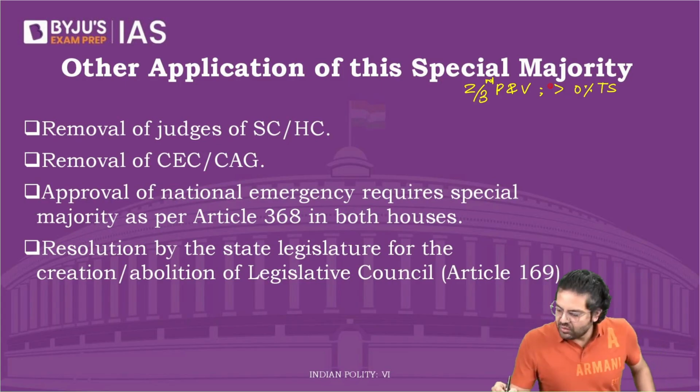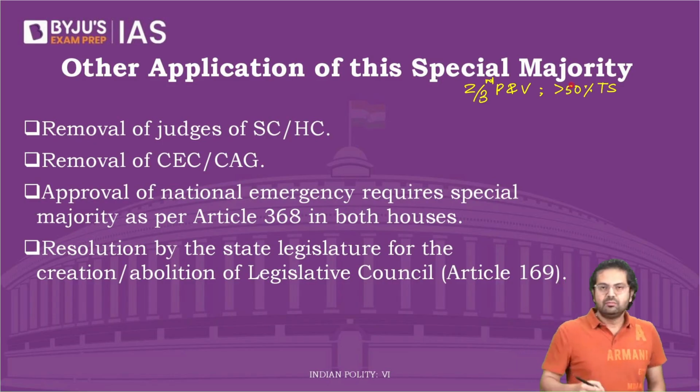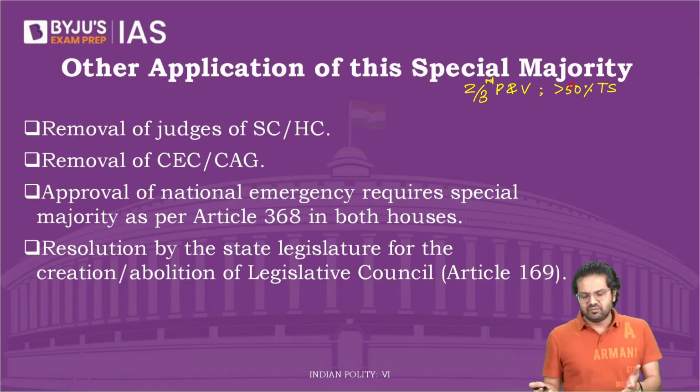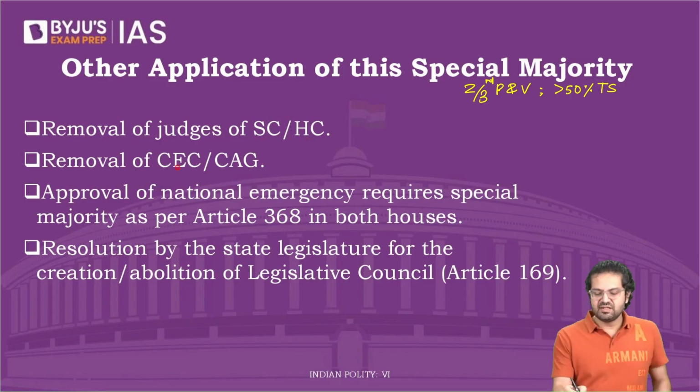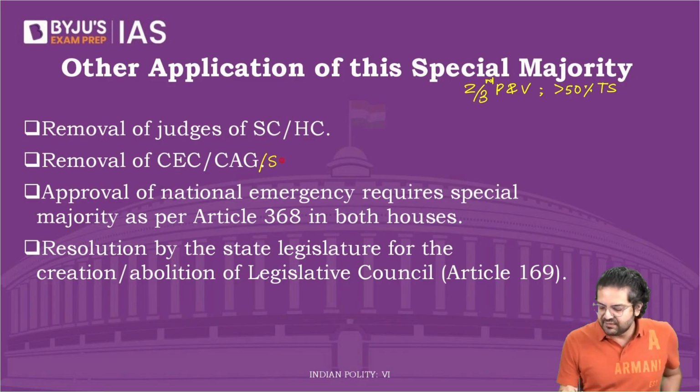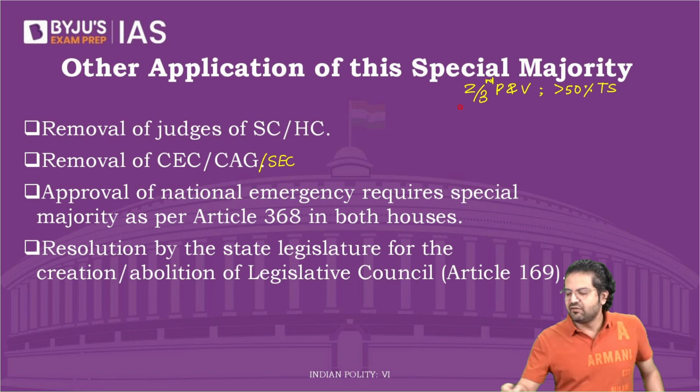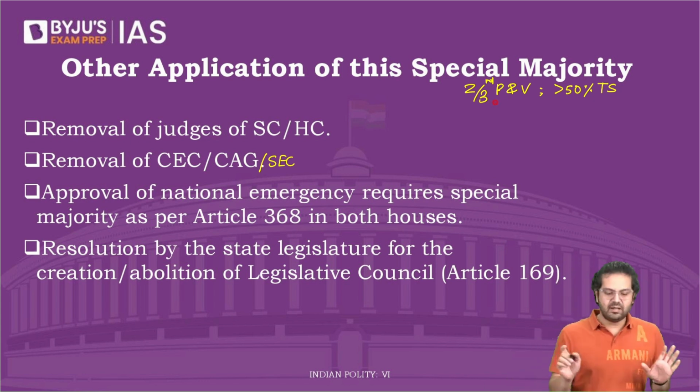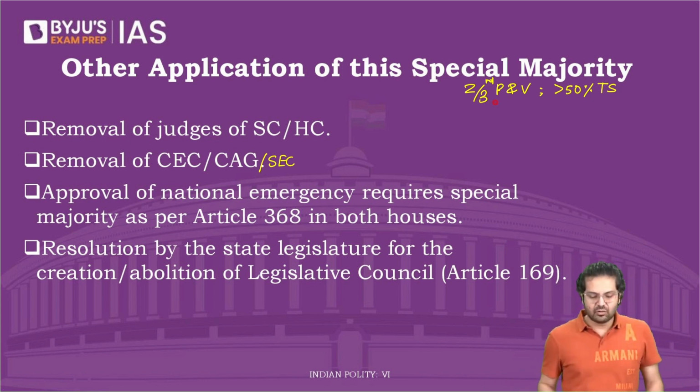I have mentioned all these things here only for you. As and when the time comes, we'll get to see all these things. Don't worry right now. But when the time comes, you will see that for removal of judges of Supreme Court, High Court, CEC, CAG, even SEC, the same kind of combination majority is required, which is also used to amend the constitution. Don't worry, we'll discuss this when the time comes.